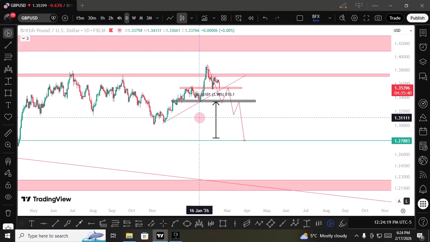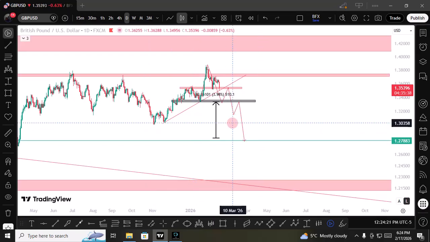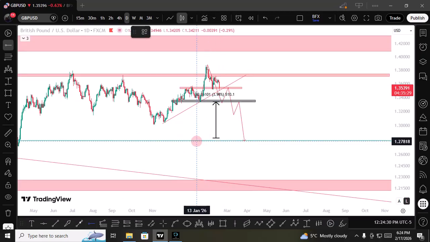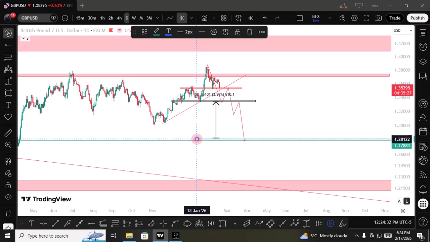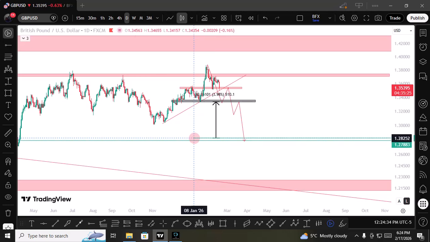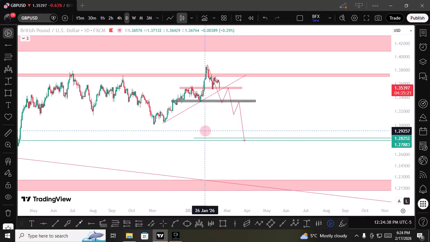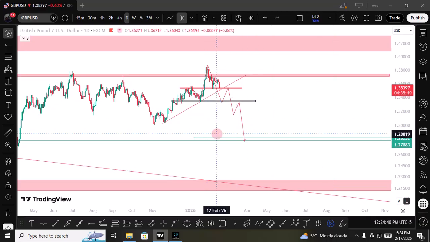So you can see that it's almost the same area, the same place where our TP is. So they are very close. So it's telling us something, that you might see a reaction around that area, between this area and this area.